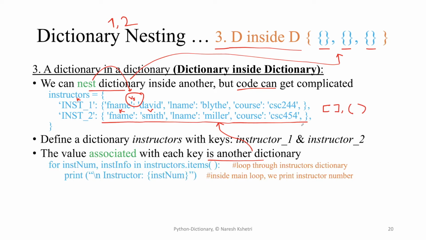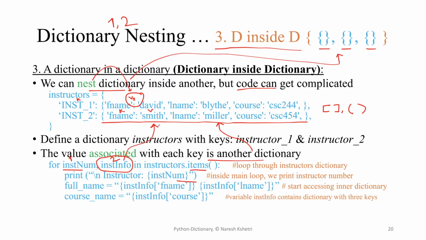For fetching, we use the same dot items method that we have used before, that returns the keys and values. So we have two separate variables to hold the key value pair. The instructor number we directly print inside the main loop. For the instructor info, we use it to access the inner dictionary.